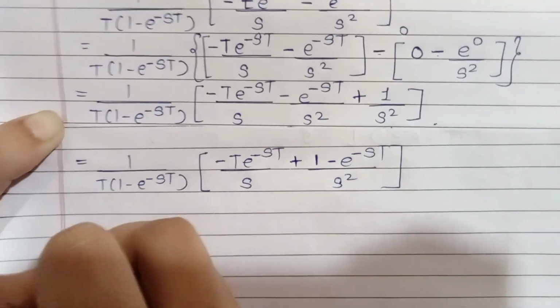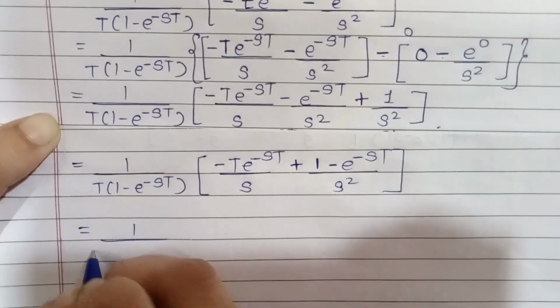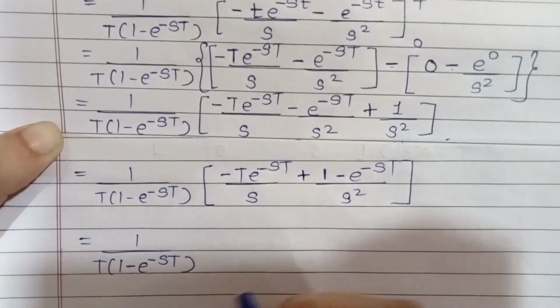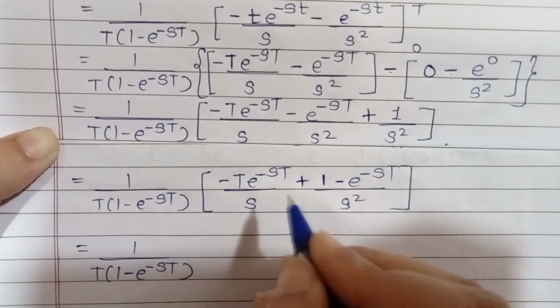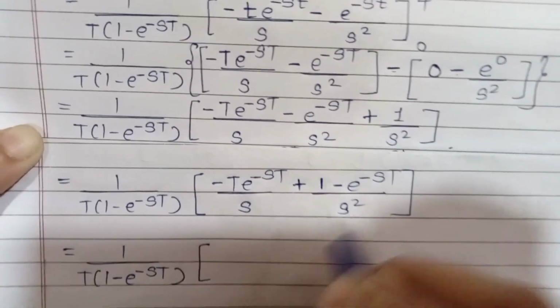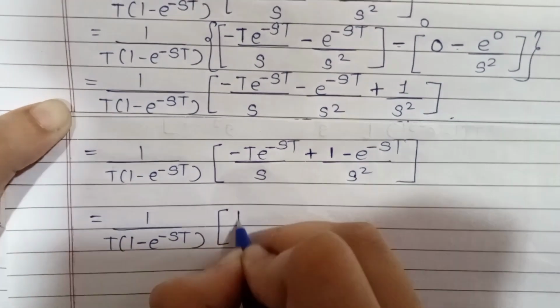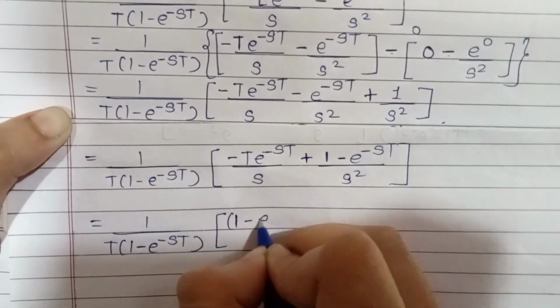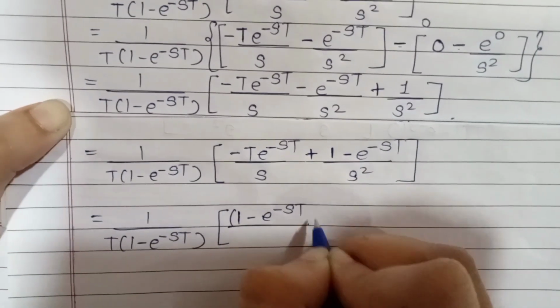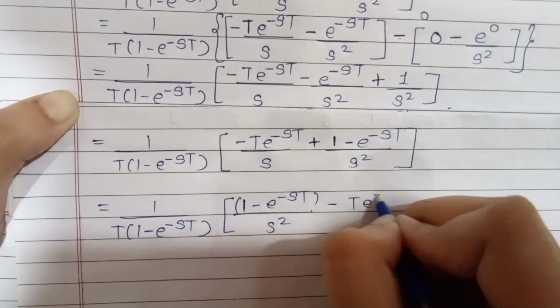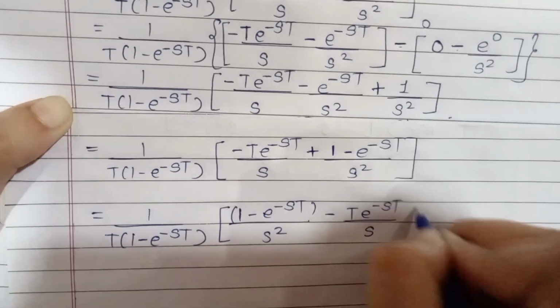Okay, now next step, 1 upon T in bracket 1 minus e raised to minus sT. Here we'll write this part as it is. First we'll take this part at the front, this part we'll shift towards the back. So 1 minus e raised to minus s capital T upon s square, minus T into e raised to minus s capital T upon s.